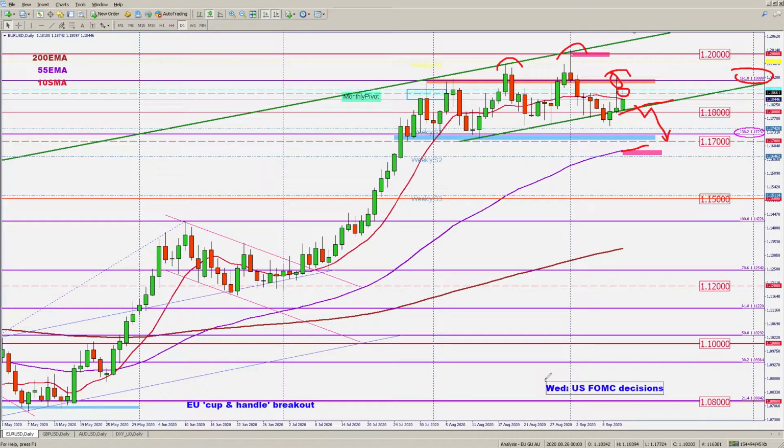As well, there's a key event coming up this week which may impact the euro. There's the FOMC meeting and decision coming up early Thursday morning in Singapore time, and that could determine where the euro is going to move, whether it's going to break down or attempt to break out higher if the US dollar weakens.